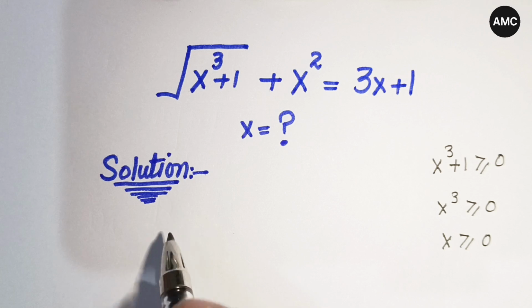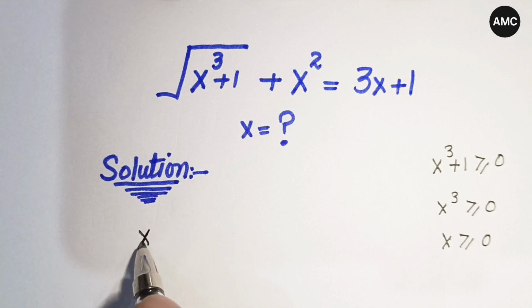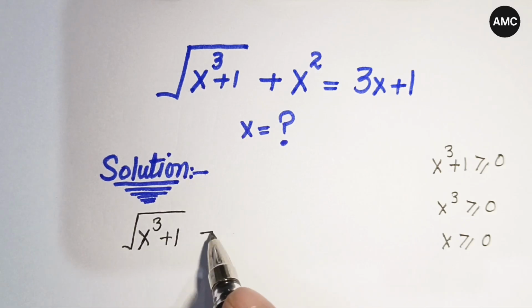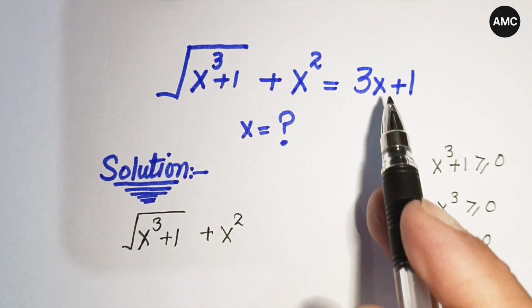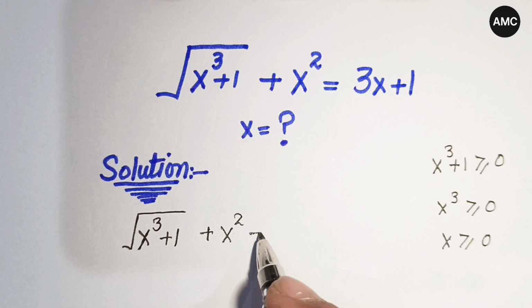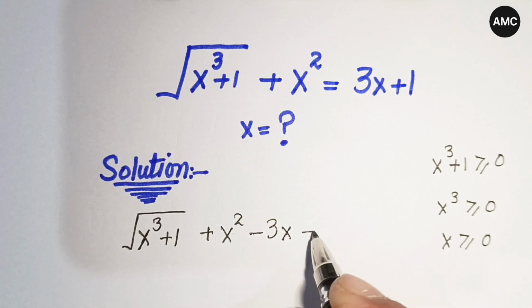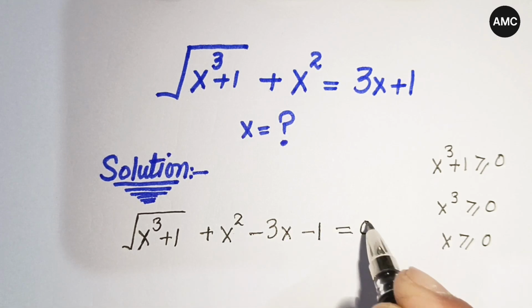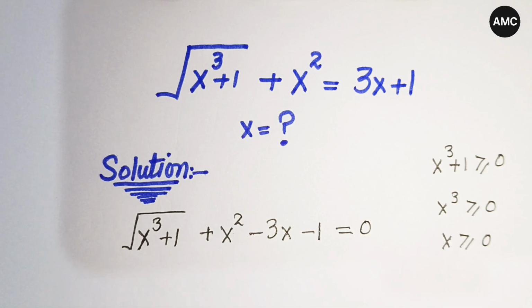Now let's start our solution: the square root of x cubed plus 1, plus x squared. If we move these two terms to our left hand side, it will be minus 3x minus 1 is equal to 0. As we know that 1 cubed is equal to 1, this 1 can be replaced by 1 cubed.